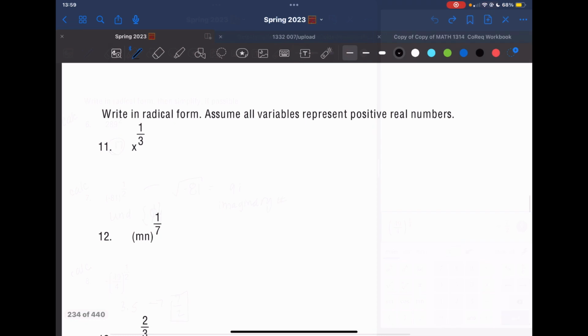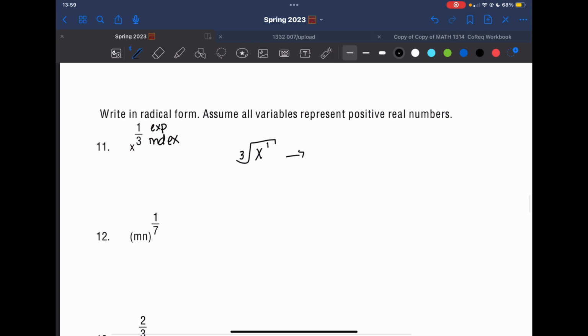The numerator is going to be the exponent underneath the radical, and then the value of the radical is going to be the index of 3. So we're going to have x to the 1st power, and then the cube root. When we simplify this, it's going to be the cube root of x.